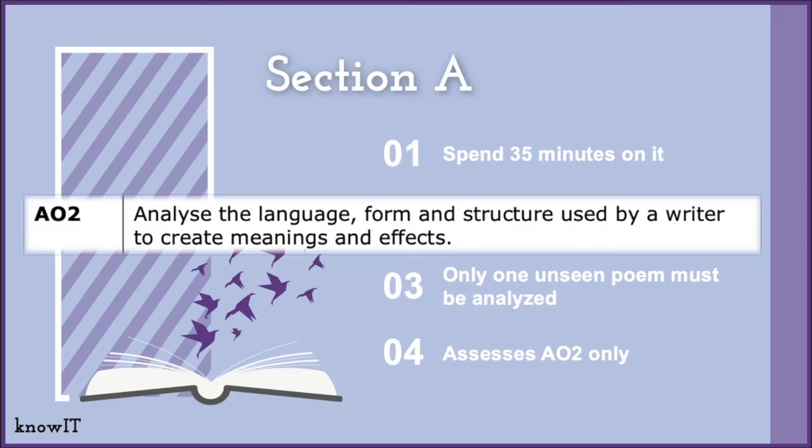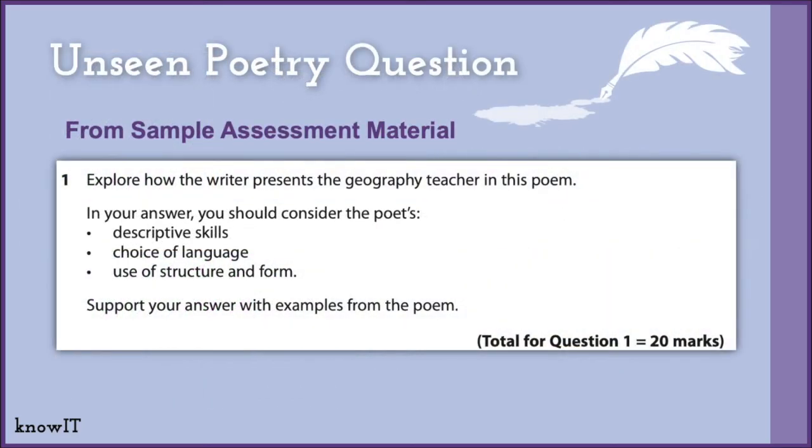Okay, so now let's look at an example unseen poetry question. This one is from the sample assessment material, which is linked down below in the description. So let's read this one right away. Explore how the writer presents the geography teacher in this poem. In your answer, you should consider the poet's descriptive skills, choice of language, use of structure, and form.